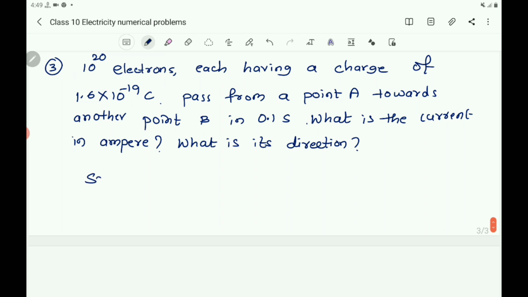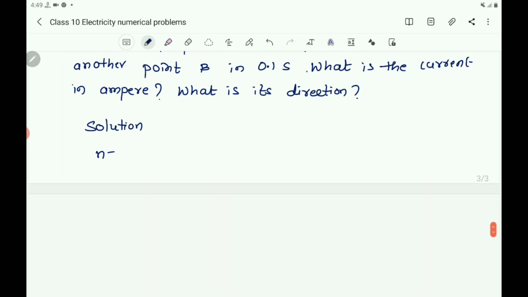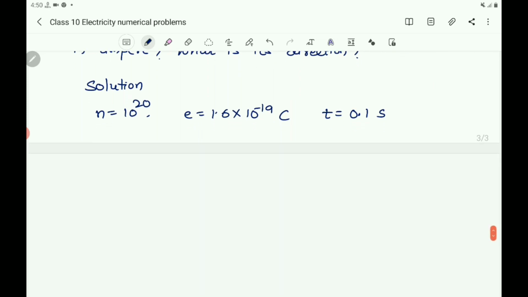So here you take the number of electrons, n equals 10 power 20. So you write the solution: n equals 10 power 20 and E equals 1.6 into 10 power minus 19 C and T equals 0.1 s. Then here you take Q equals N into E, that is number of electrons and charge of each electron.